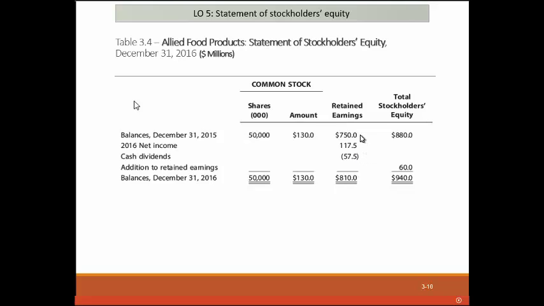So beginning retained earnings plus net income less dividends would give you the ending retained earnings that appears on the balance sheet. On the contributed capital column, if there were any issuances of stock or if there was any repurchases of treasury stock, the increases from IPOs and the decreases from treasury stock purchases would appear in this column.